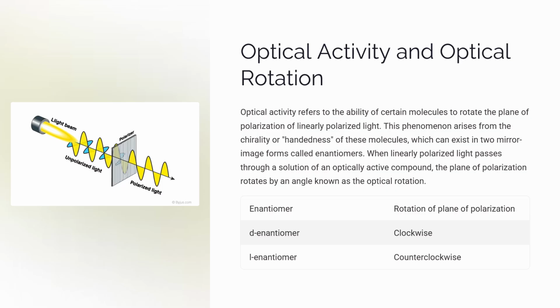This phenomenon occurs due to the chirality or handedness of these molecules, which exist as two mirror image forms called enantiomers. So, if the compound is rotating the plane polarized light in the clockwise direction, then it will be a D enantiomer, and if it is rotating in anti-clockwise direction, then it will be an L enantiomer.